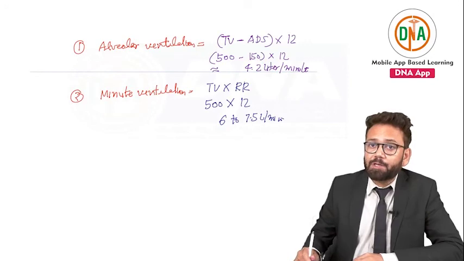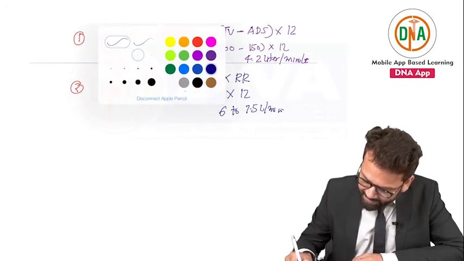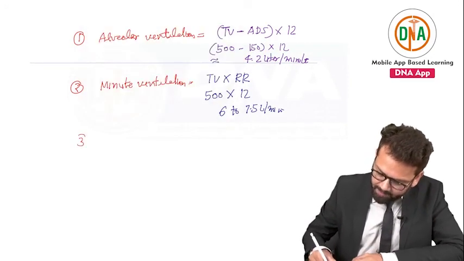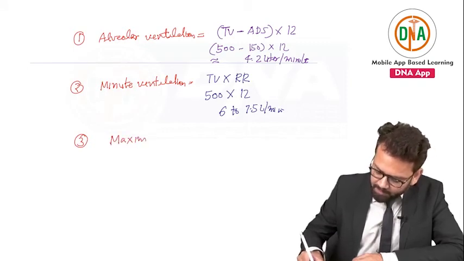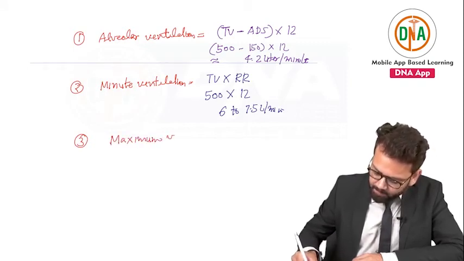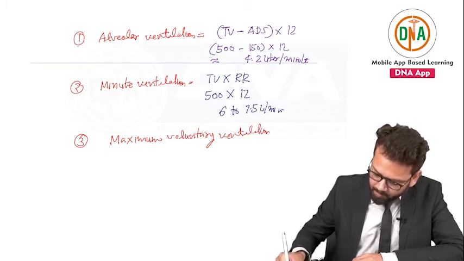This is minute ventilation. Now the third is maximum voluntary ventilation. What is the maximum amount of air you can voluntarily ventilate? It is maximum voluntary ventilation or MVV.